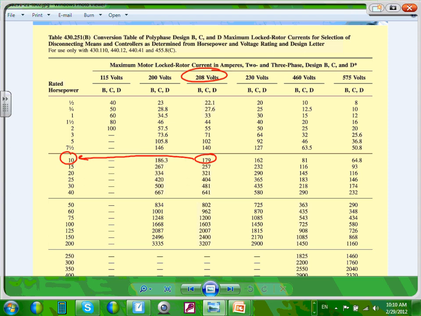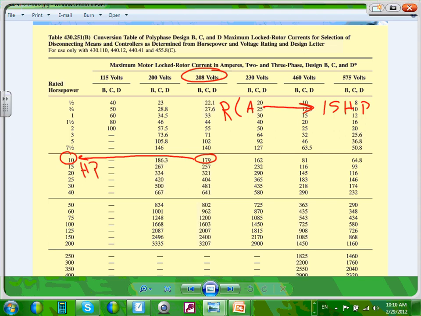We also size it based on the full load amps, and we choose the largest. Based on rated load amps, let's just say we came up with 15 horsepower, and based on locked rotor current, we came up with 10 horsepower.